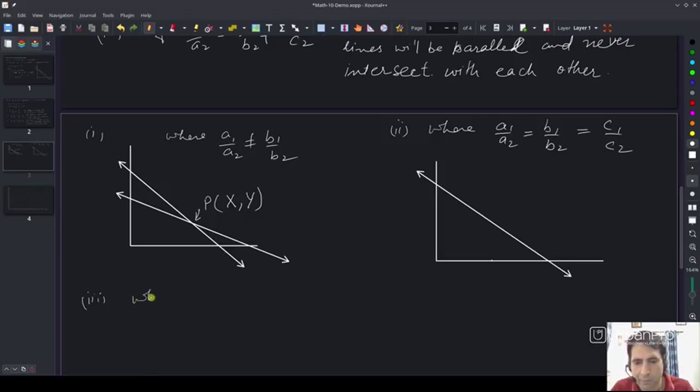And in the third case, when a1 by a2 is equal to b1 by b2 is not equal to c1 by c2, then the graph will be something like this.